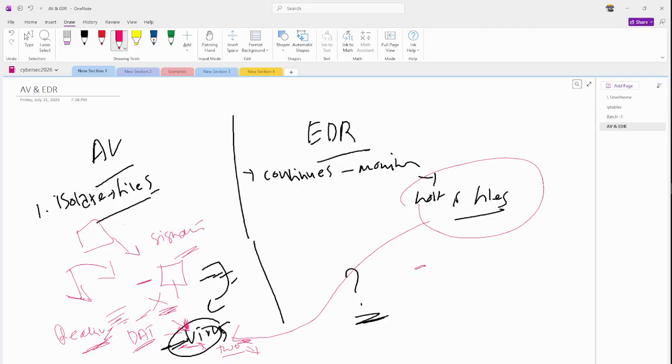Whereas EDR will detect and investigate. It will respond to the threats here. So this is your proactive, proactive and response.